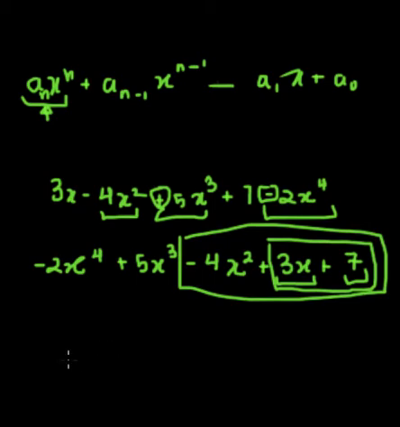And then we have a cubic polynomial, which is when the highest degree of the expression is 3. And then we have a quartic, which is when the highest degree of the polynomial expression is to the power of 4.